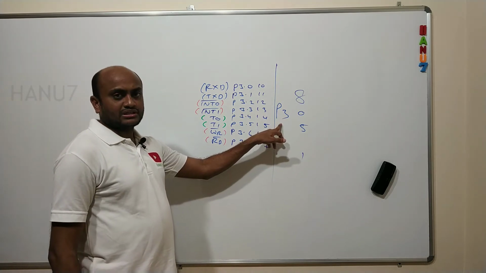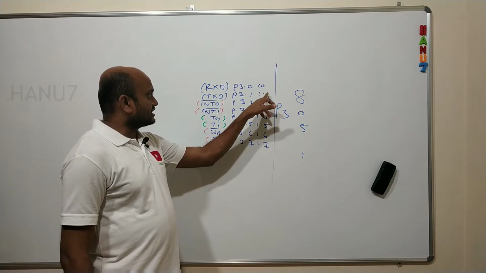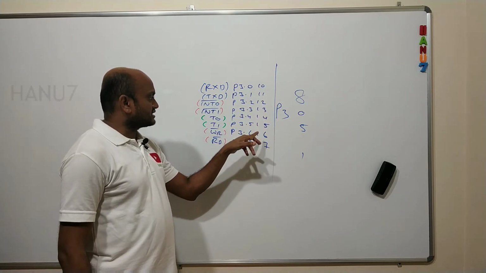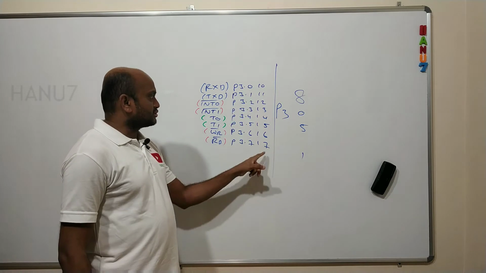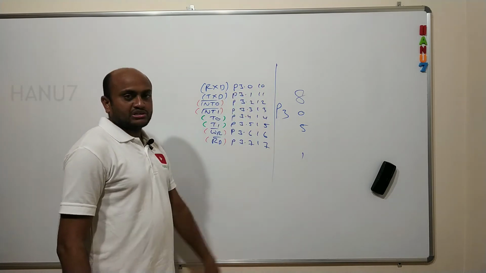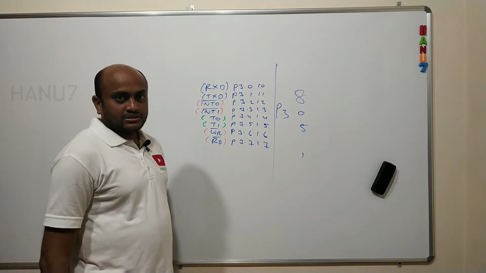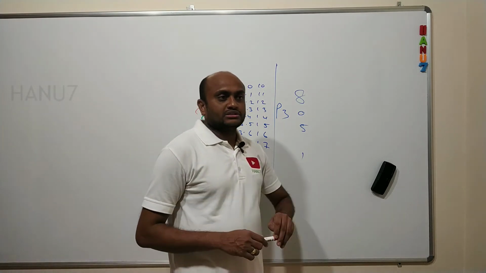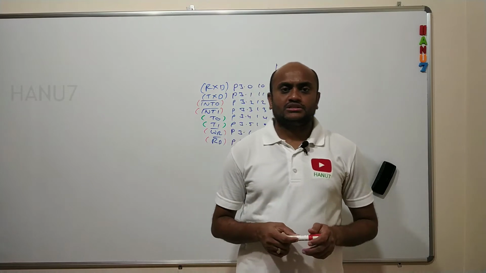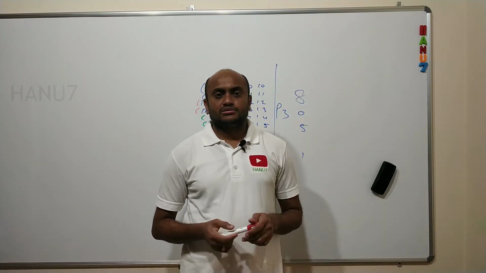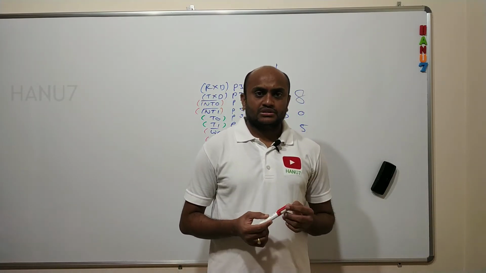Port 3 is available at pin numbers 10, 11, 12, 13, 14, 15, 16, 17. These are the port 3 pins. They are port 3.0, 3.1, and so on up to 3.7. As I told earlier, these port 3 pins are also input-output pins.